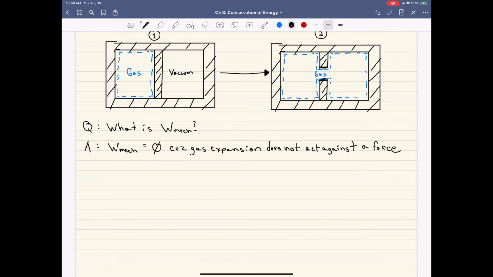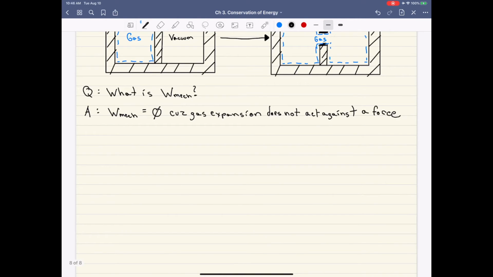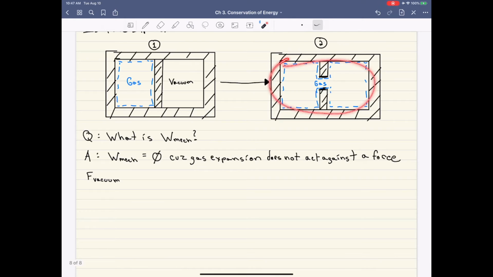All right, and so to give a more precise answer for why the mechanical work is 0, let's think about what the work exerted by the vacuum is as the gas is expanding in state 2.